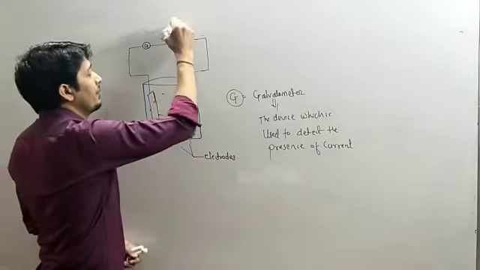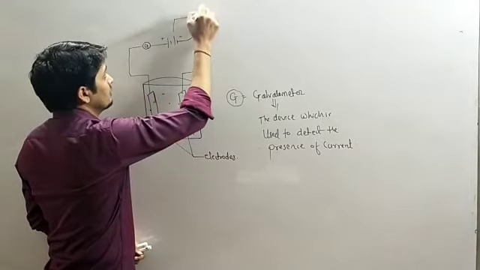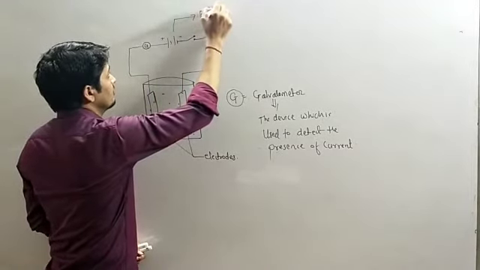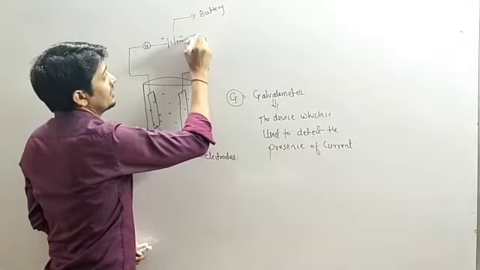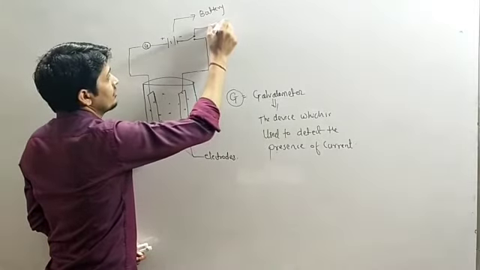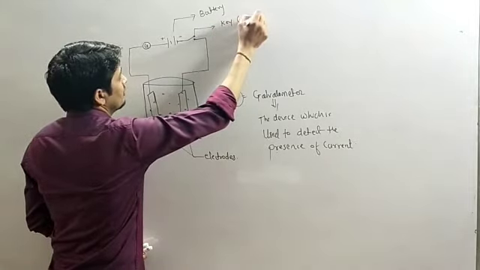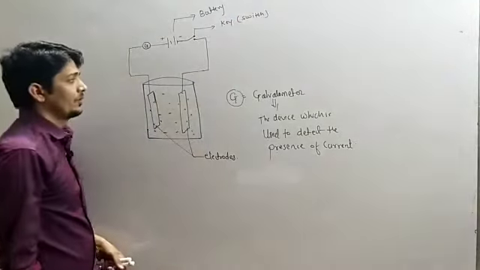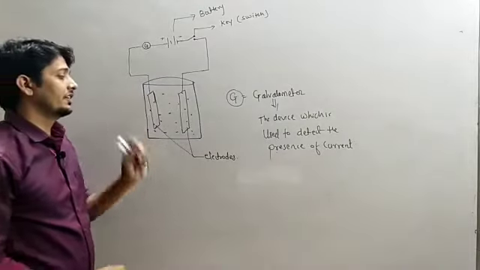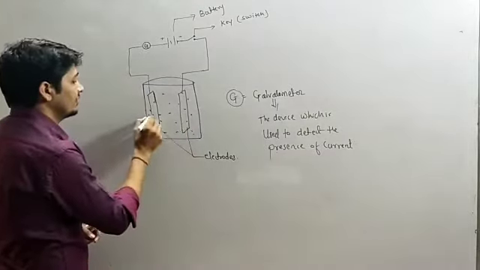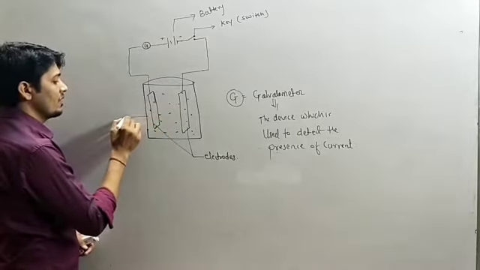So this is the battery. This is the key, or you can say switch. So this is the circuit, and this is the solution we have taken, which is now pure water.